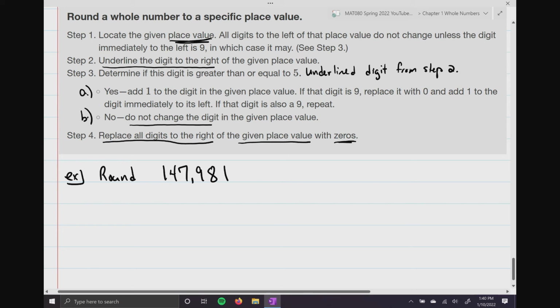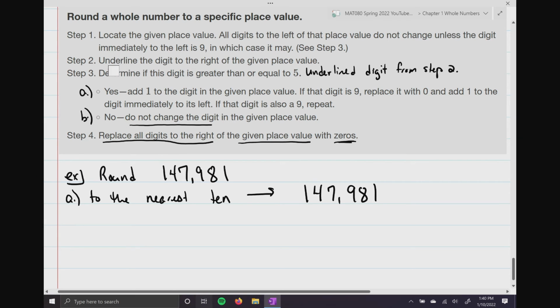So we're going to round 147,981. Part A, to the nearest 10. Okay? So what I would do here is rewrite the number, nice and neat, and then we're going to follow our steps from above.